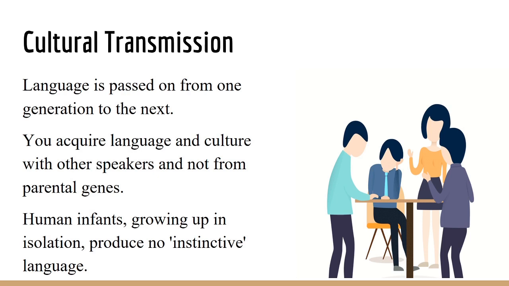However, we can say that we are born with some kind of inborn ability to acquire a language. On the other hand, if we consider animal communication, then they are born with a set of specific signals that are produced instinctively.